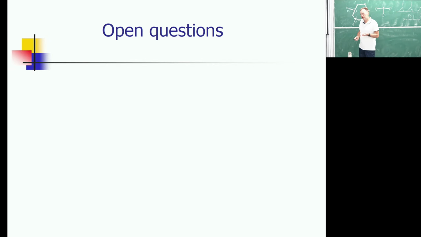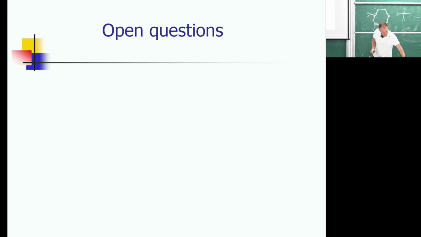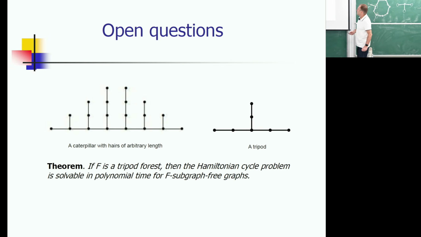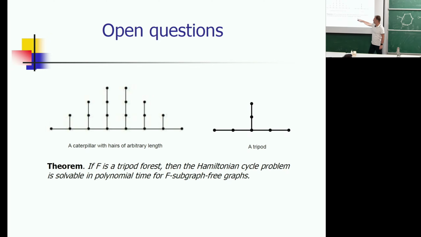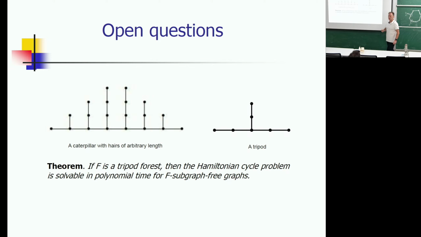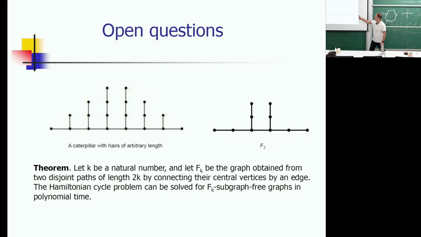Okay, now a couple more open problems. So remember that when we excluded a tripod forest, we excluded a graph, every connected component of which is a tripod. But when we talked about this guy, we excluded just this one connected graph, a graph with one connected component.